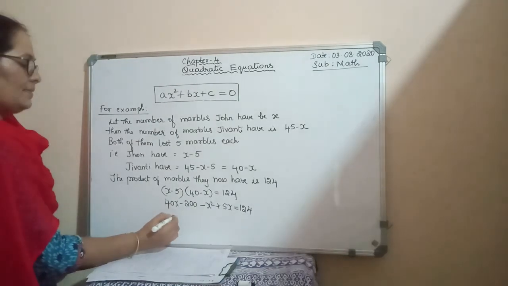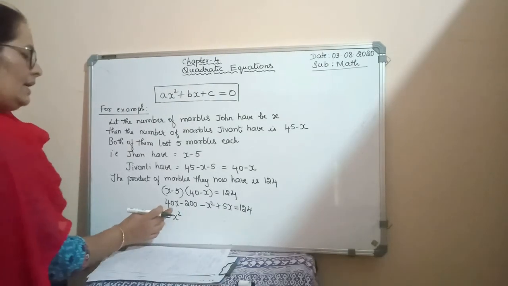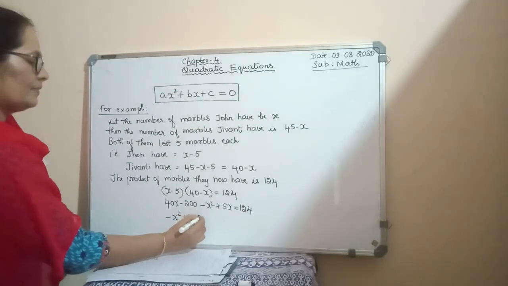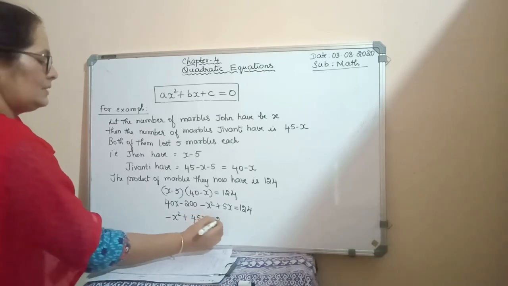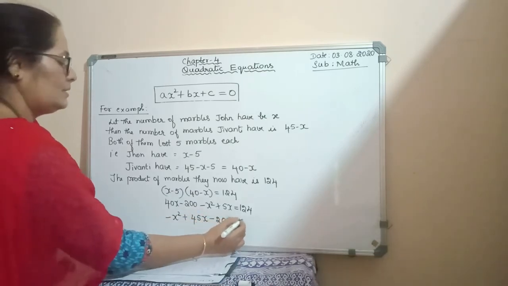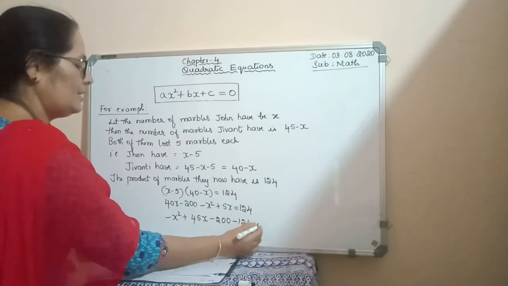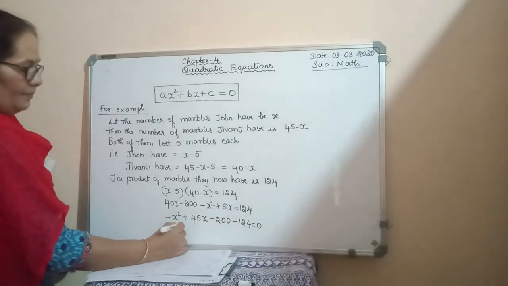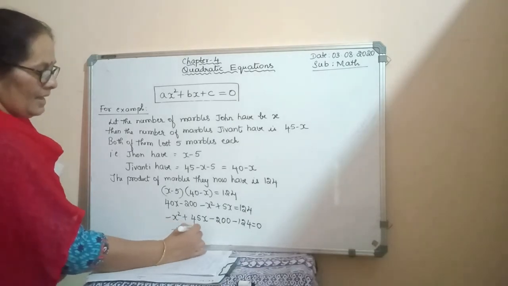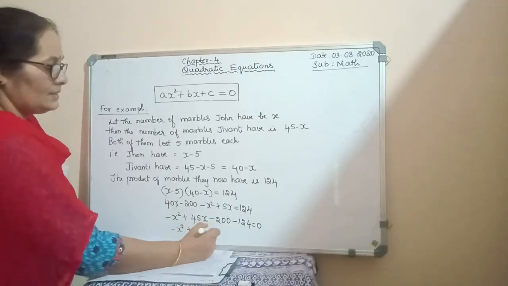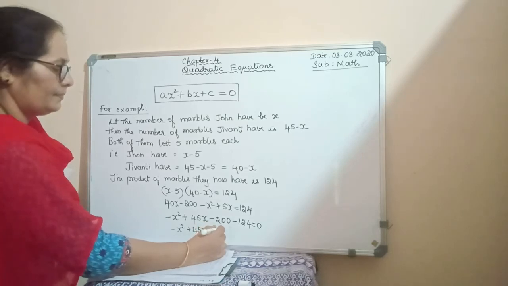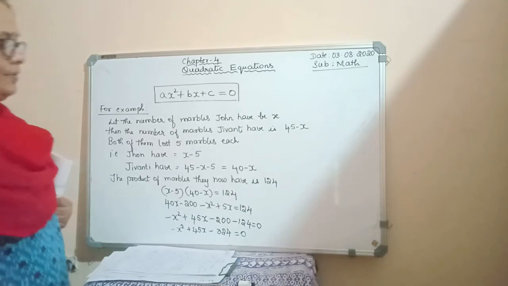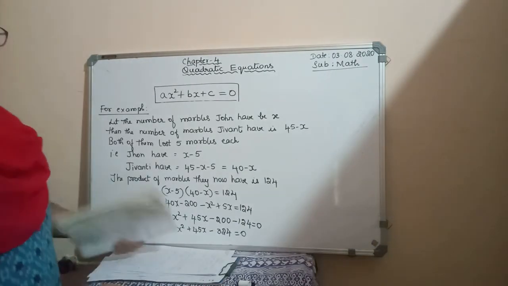So minus x square, then 40x plus 5x is 45x, then minus 200 minus 124 equals 0. Which is minus x square plus 45x minus 324 equals 0. Now we have to find how many marbles they have.